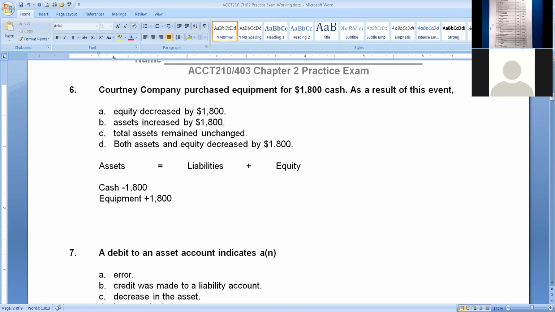So which one's the answer? C. Yeah, an asset went up, an asset went down, so there'd actually be no change in the assets. There wouldn't be any change in any of these either, in total. I mean, in these accounts, cash would be 1,800 less and equipment would be 1,800 more. But in total, the total of the assets, whatever they are, it'd be the same.